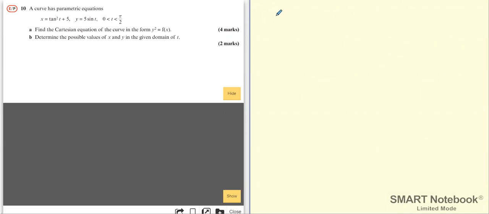So it's two identities that we need to be using here. 1 plus tan squared t equals sec squared t, and the other one is sine squared t plus cos squared t equals 1. So let's see how this pans out.